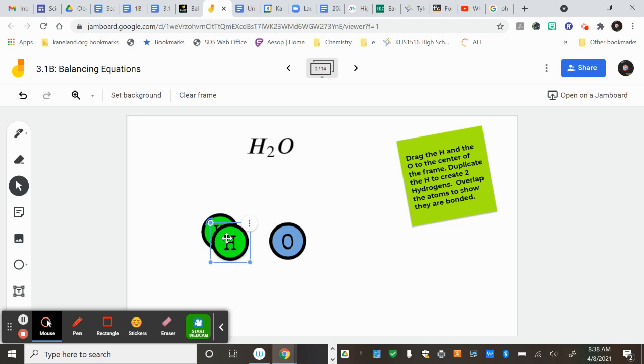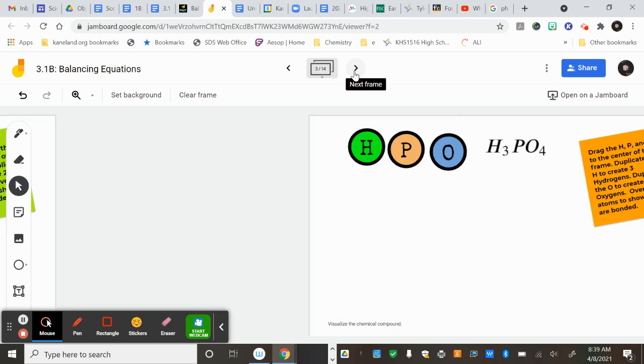So now you have two hydrogens. Our molecule is H2O, which means it has two hydrogens and one oxygen. Now we want to show that these atoms are bonded together by overlapping them like that. So that is our water molecule.